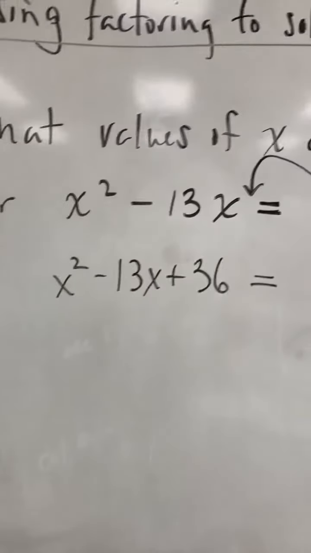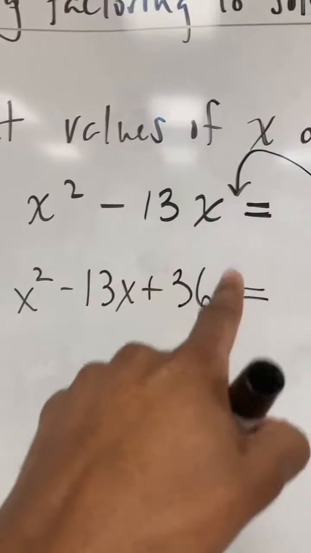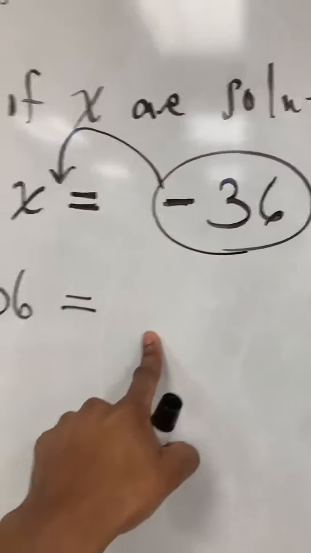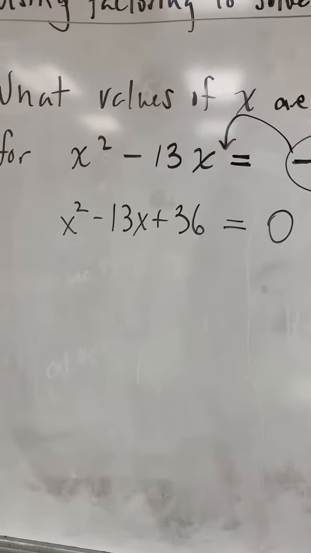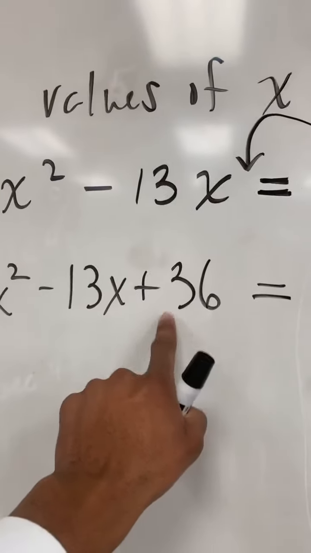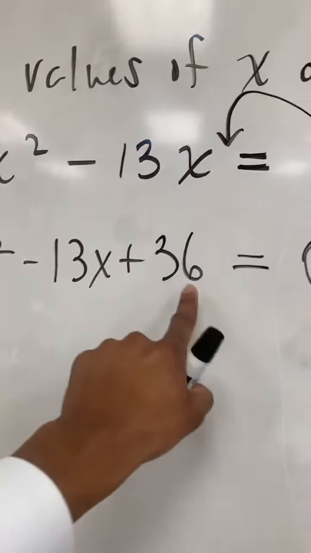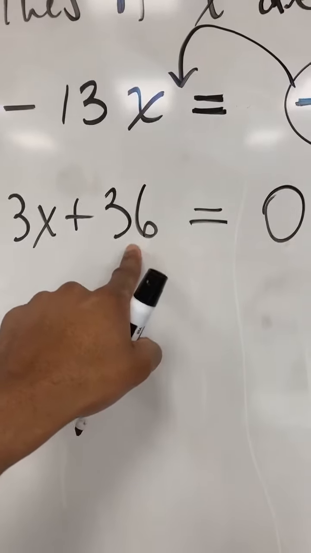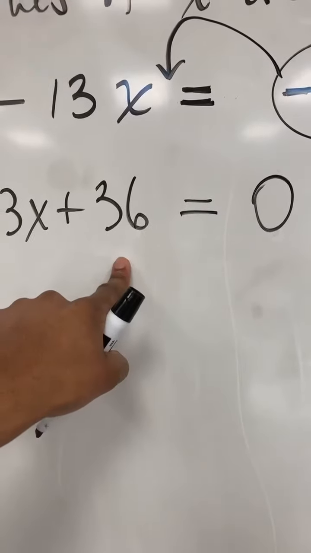So now I have a quadratic expression right here on the left side of the equal sign. And since this is gone and there's nothing else left, you just put a 0 there. That's your start. Okay, so we have to think about the number on the end, and figure out how we get to the term in the middle. Remember, there are so many different ways we can look at 36. You've got 1 times 36, 2 times 18, 3 times 12, 4 times 9, 6 times 6.